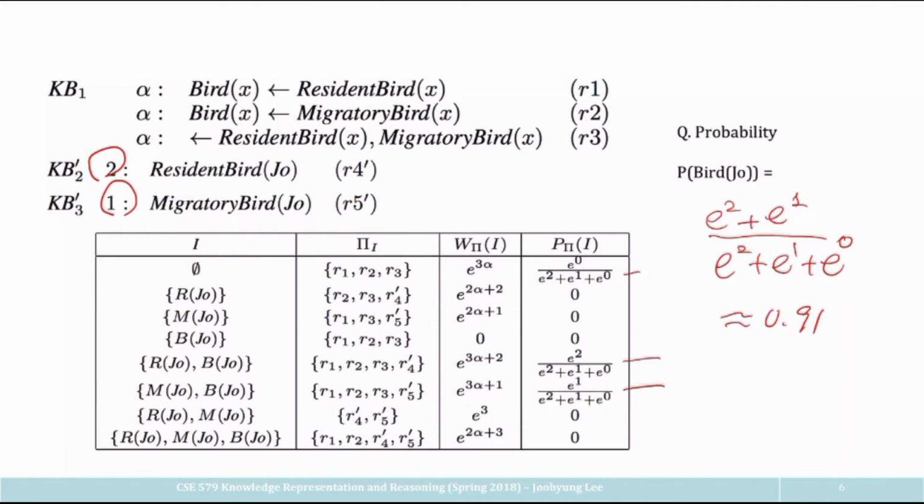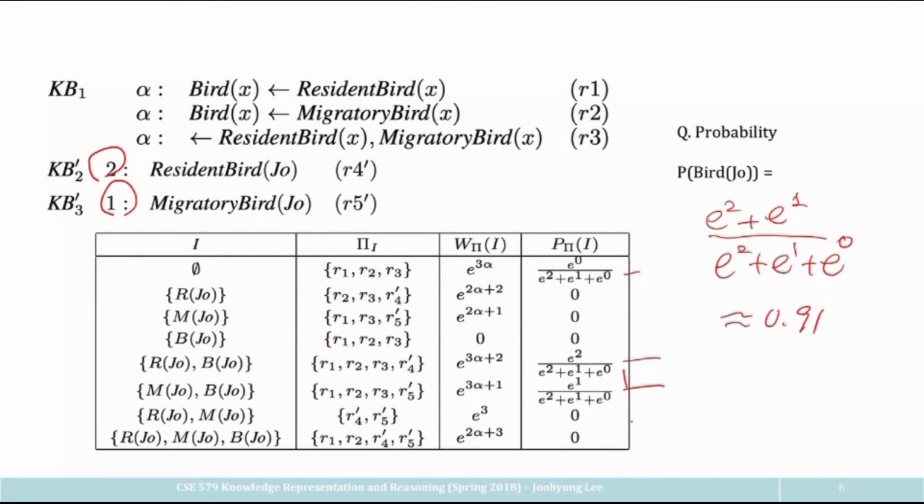Once you have this, you can normalize with the same idea and the same computation. What alpha makes a difference is that we let alpha go to infinity when computing probability. So an interpretation that satisfies more alpha rules dominates the interpretations that satisfy fewer, and those other interpretations become 0 in terms of probability.